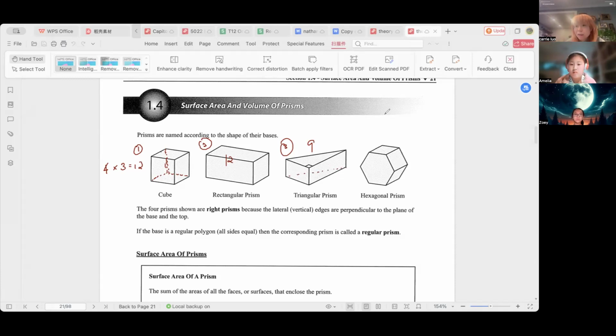Okay, so last but not least, Amelia, could you please tell me how many lines are there for the hexagon prism?